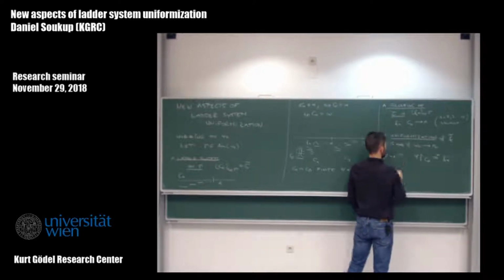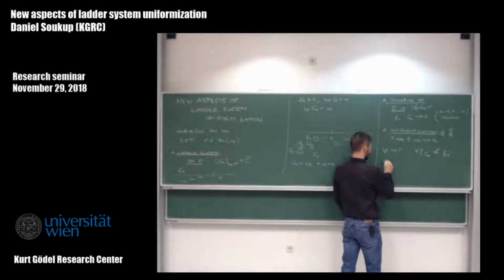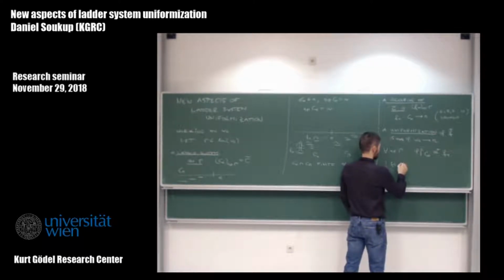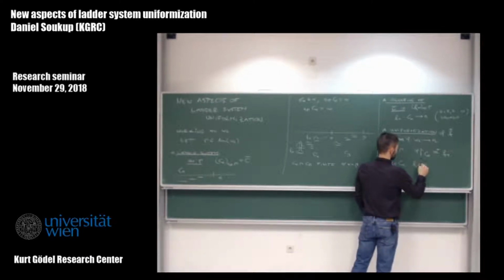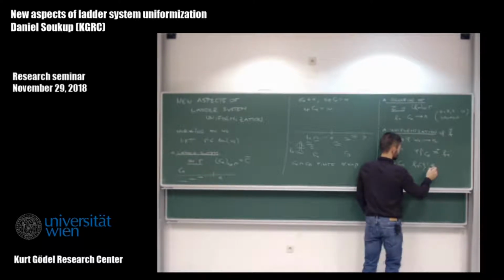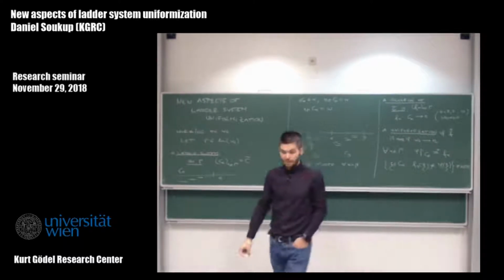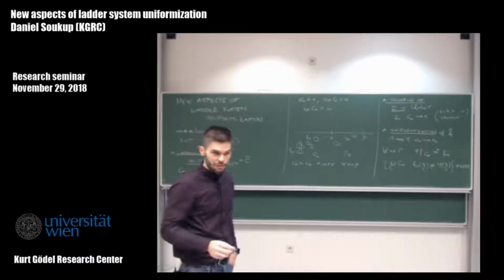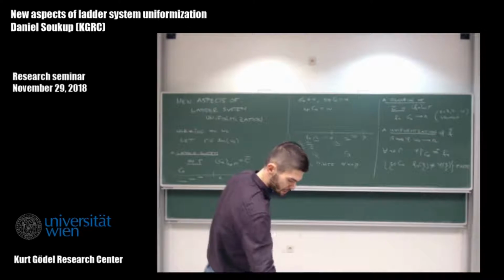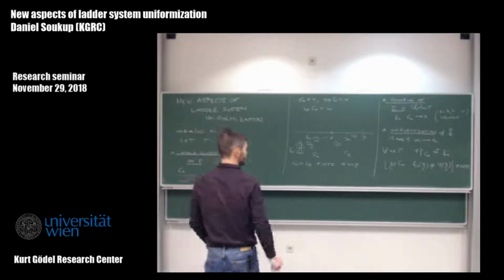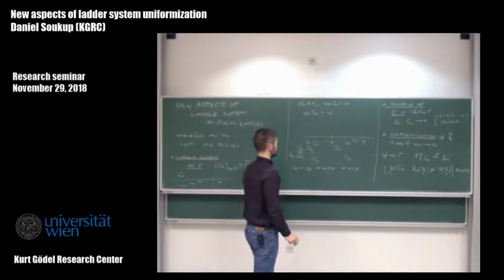In other words, the set of xi in C alpha where F alpha of xi doesn't equal phi of xi is finite. I'm not saying that such a thing necessarily exists, but any function which has these properties is called a uniformization.